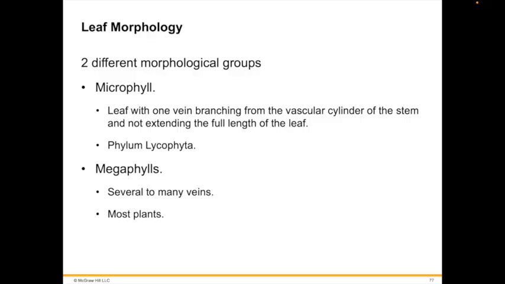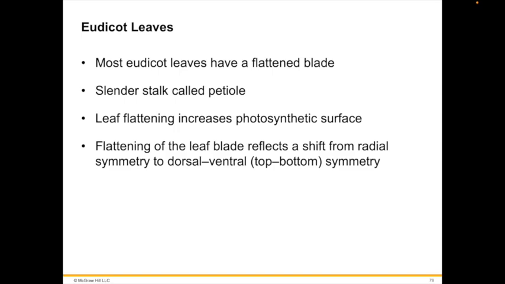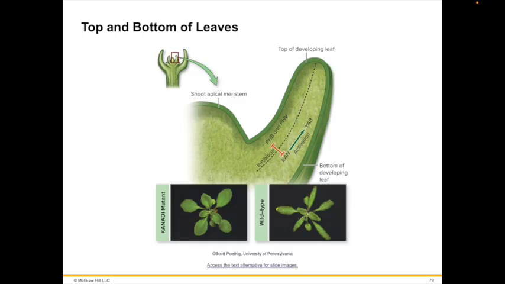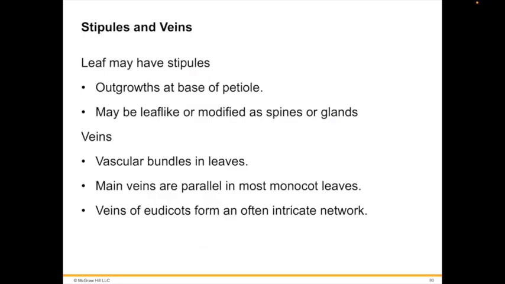The flattening of the blade reflects a shift from radial symmetry to dorsoventral symmetry. Leaf flattening increases the photosynthetic surface. Plant biologists are just beginning to understand how this shift occurs.